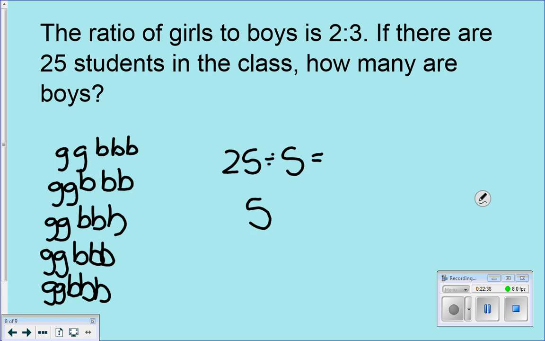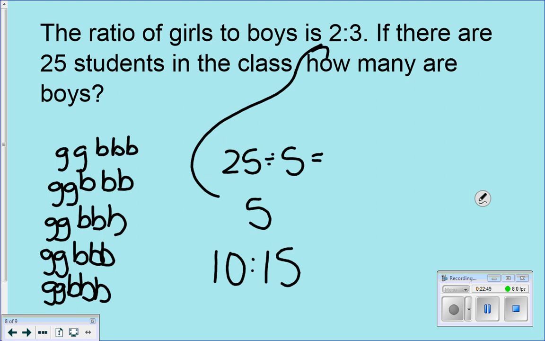So let's go back to this. And let's take 5 times 2. Let's take 5 times 3. That's going to tell you right then and there how many girls and how many boys there are. That's exactly what you did.